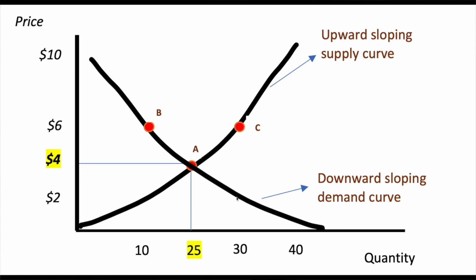Now some producers might drop out because they cannot cover their cost of production and cannot reduce the price to $2, but that is okay. Over time, the price will keep moving upwards or downwards until it reaches a point where demand is equal to the supply, and in this graph, it happens at point A.